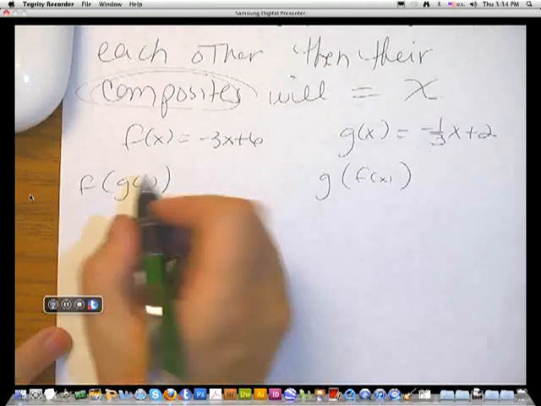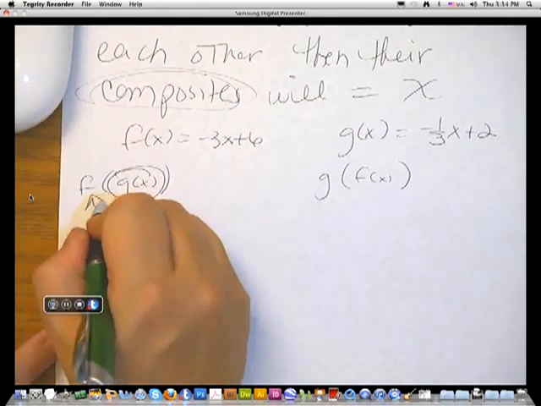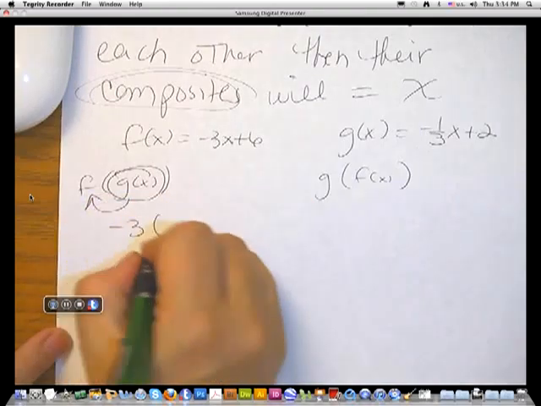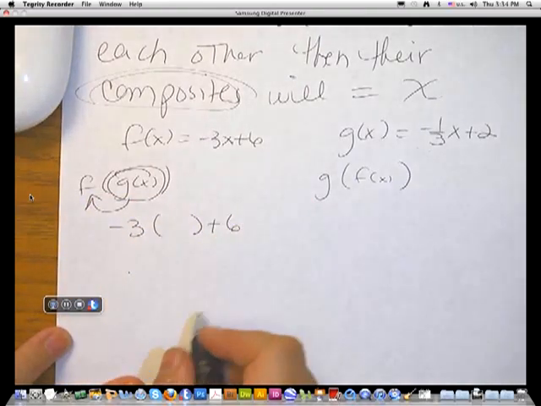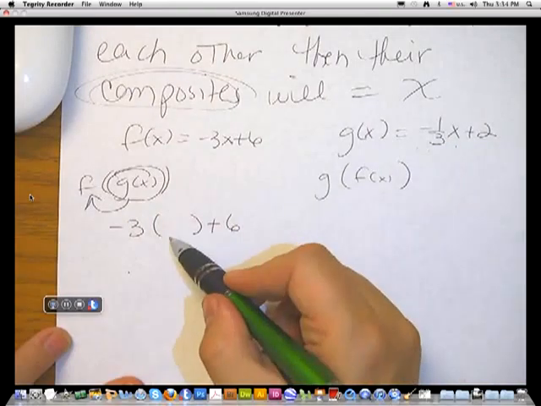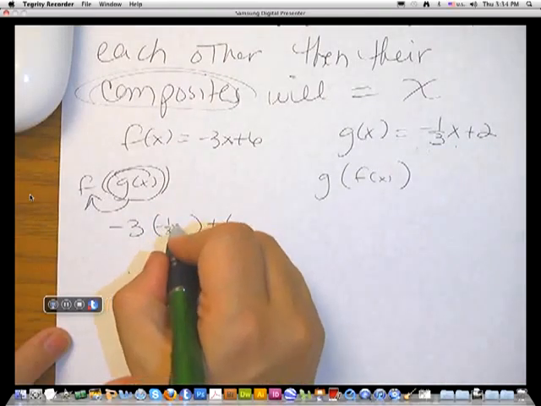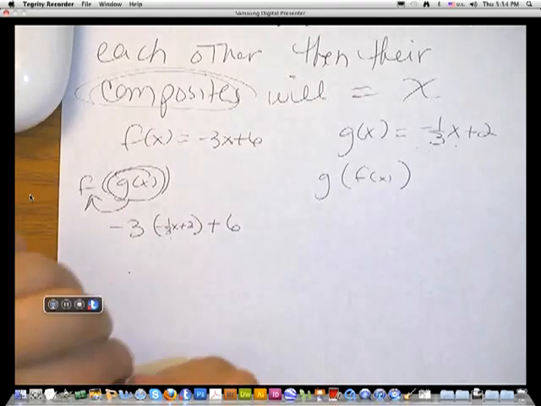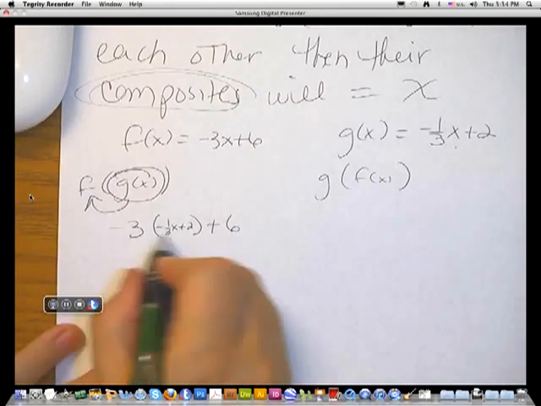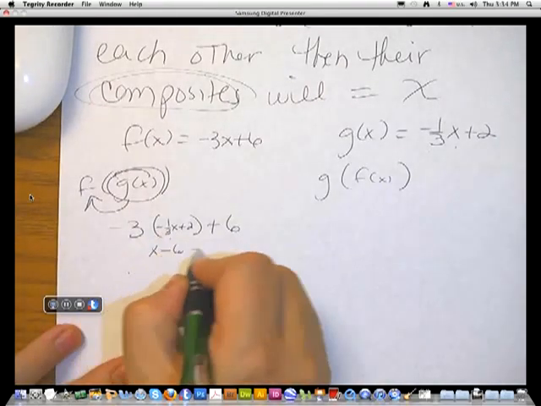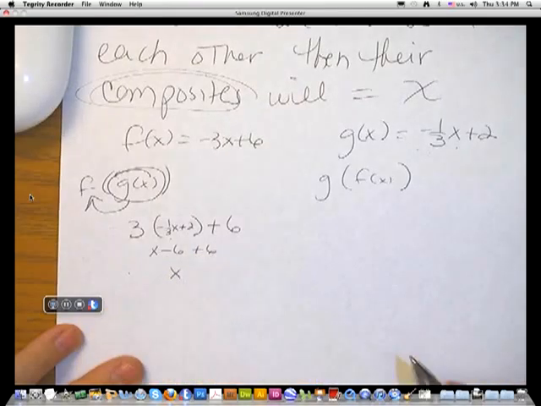So we're going to try it. We're going to put g into the f equation. So my f equation, and I'm going to replace x with g, negative 1/3 x plus 2. When I distribute, I get x minus 6. Minus 6 plus 6 is x.